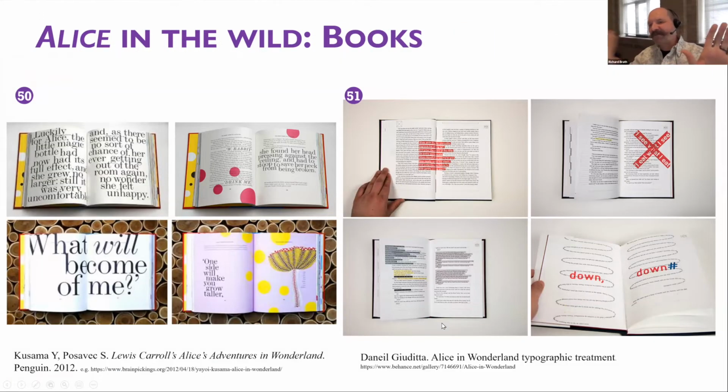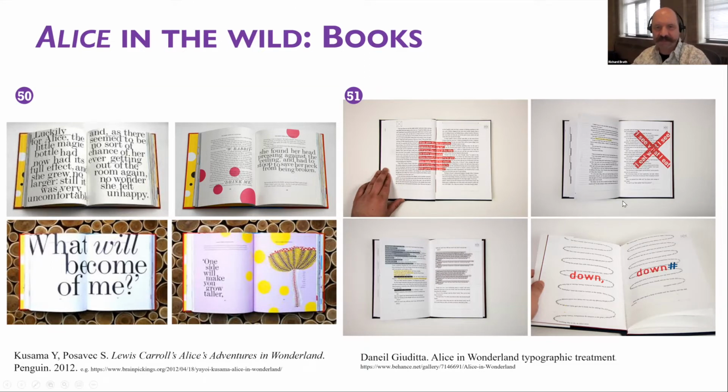And then at the opposite end of the spectrum, there are these exquisite book editions of Alice. Here on the left, I've got an edition of Alice in Wonderland from Yayoi Kusama and Stephanie Posavec, a gorgeous edition.